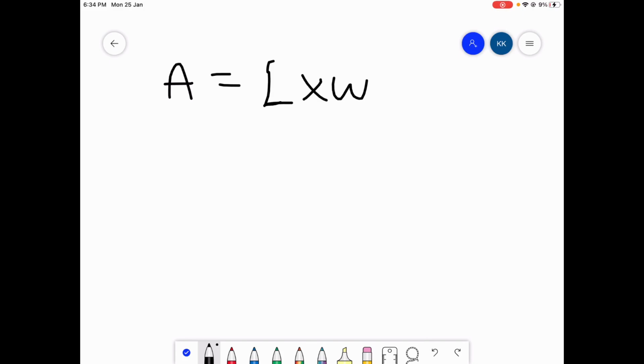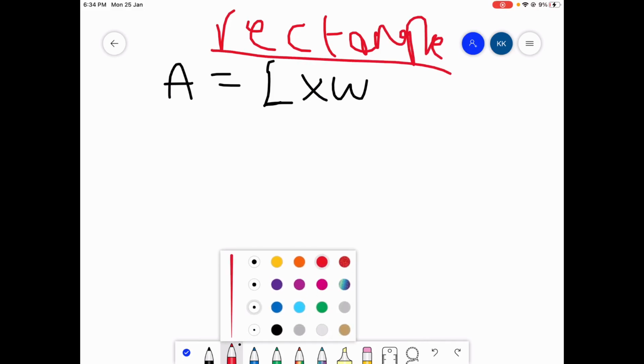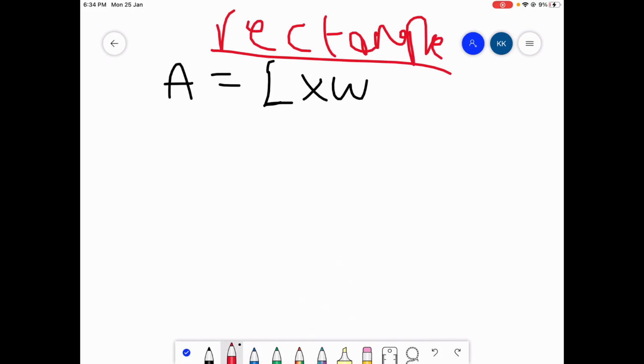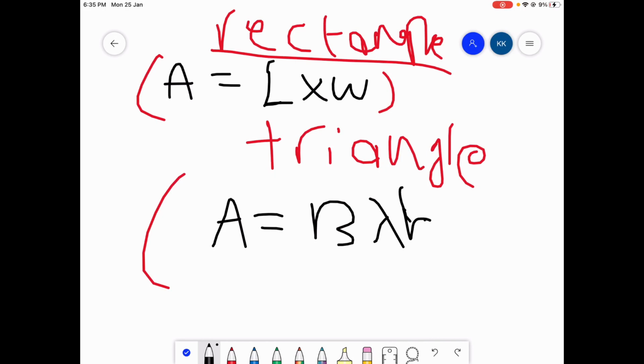For the triangle, the formula is A equals B times H, which is base times height, divided by 2.